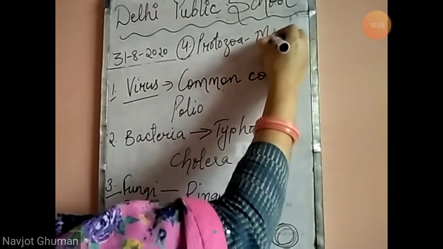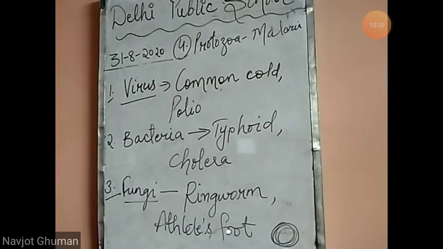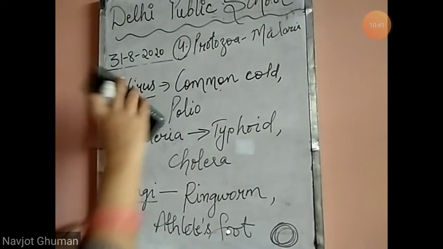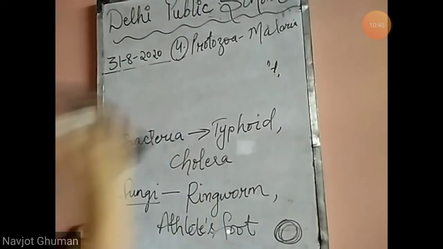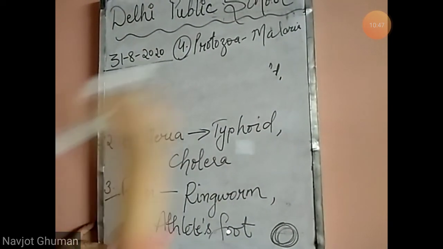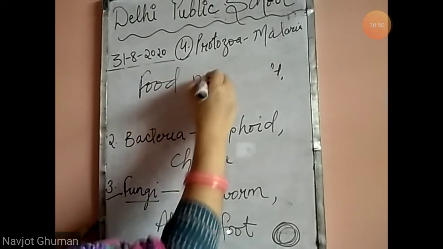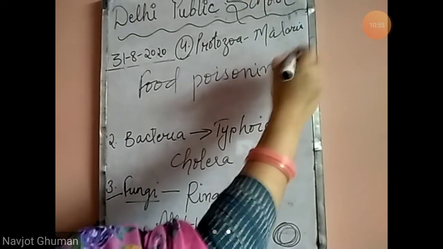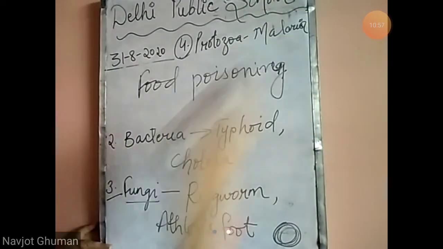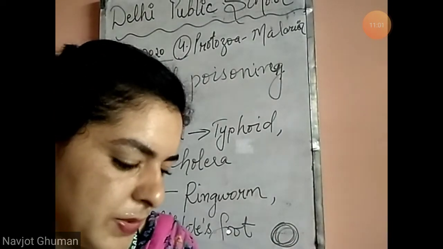First is malaria, and second one is food poisoning. These were the diseases caused by different microbes.